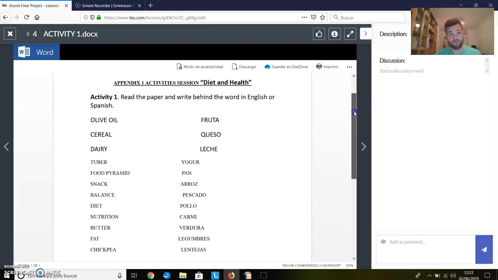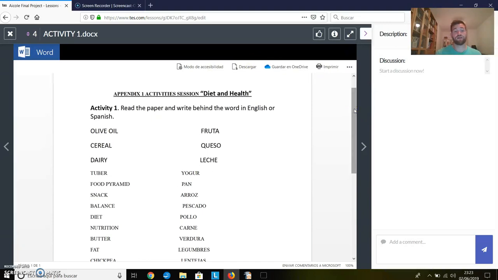In the first activity, they have different words. I deliver to the students 25 papers, which have words in Spanish or English. For example, one of them, and they have to write behind the word, in this case in English, the translation in Spanish on the other side.